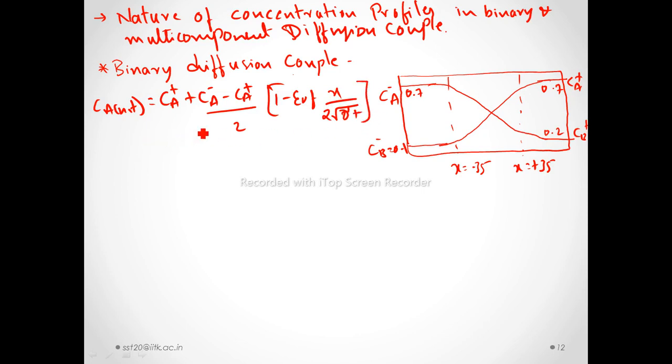This is the solution for the binary diffusion couple to obtain the d value. So what is the nature of this diffusion concentration profile? There are some features. First of all, the profile shows inverted symmetry.